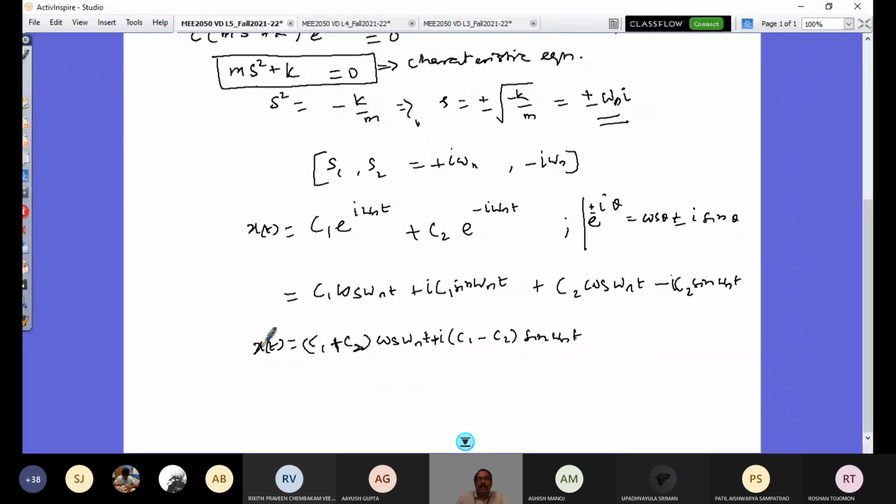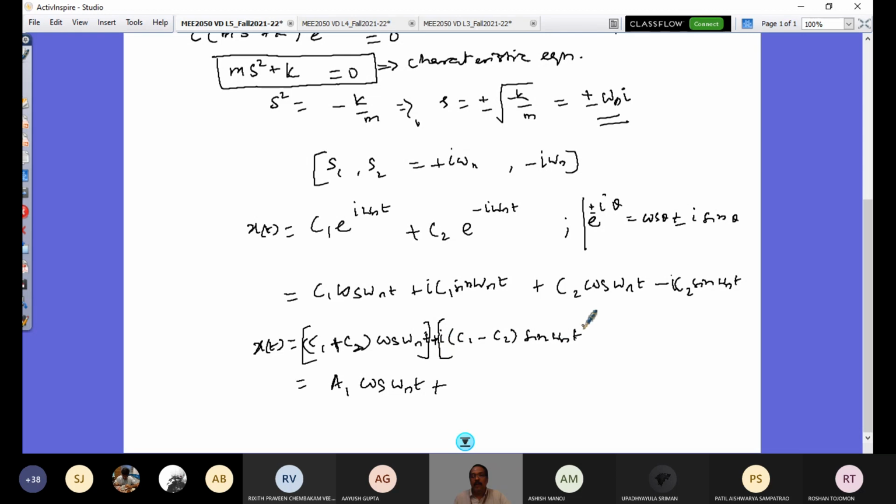I would again see the C1, C2, all are arbitrary constants. These constants can always be found out from the initial conditions, right? And I would combine now the C1 plus C2 as one constant, and that is going to be A1 cos omega nt plus, so this is one function, this is another one.